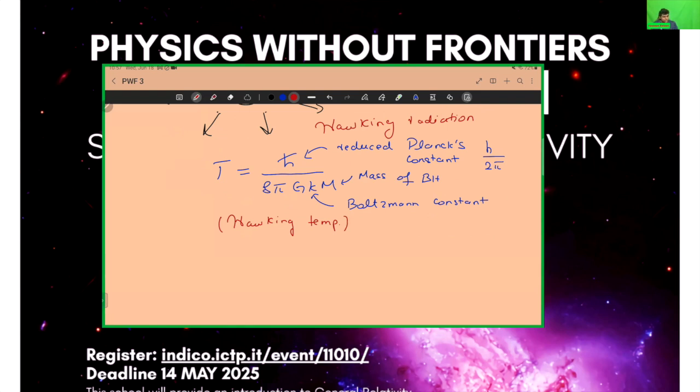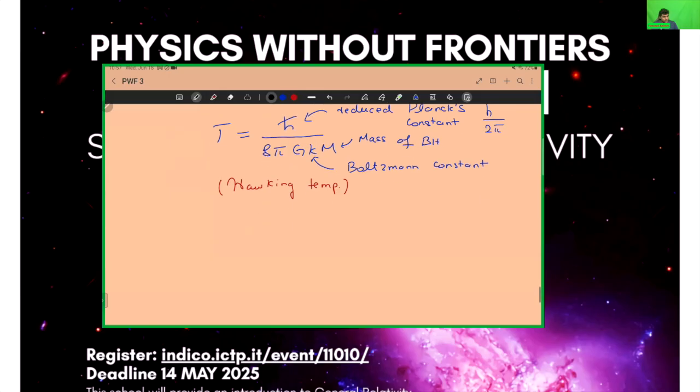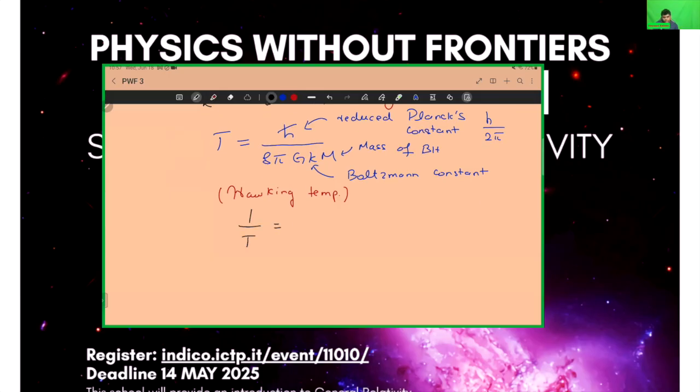But we do know from thermodynamics that 1 over temperature is defined as the derivative of the entropy with respect to the internal energy. I'm saying defined because if you study statistical mechanics, the temperature is defined in terms of that derivative. U is just internal energy.